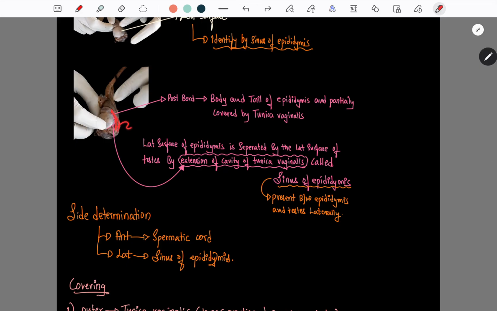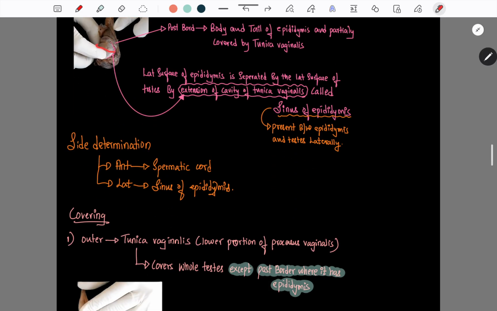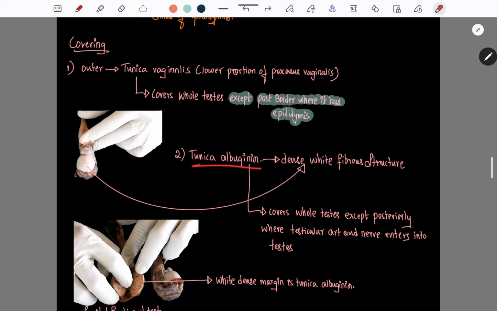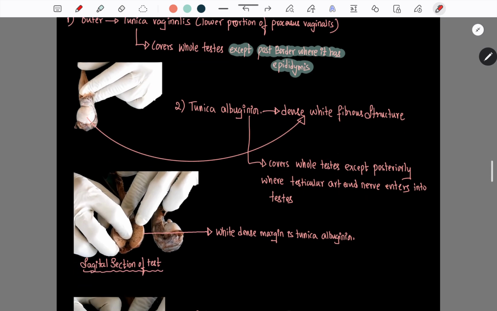Second is tunica albuginea, a dense white fibrous structure. It covers the whole testis except posteriorly, where the testicular artery and nerve enter the testis. Vessels enter posteriorly, so here also there is no attachment.